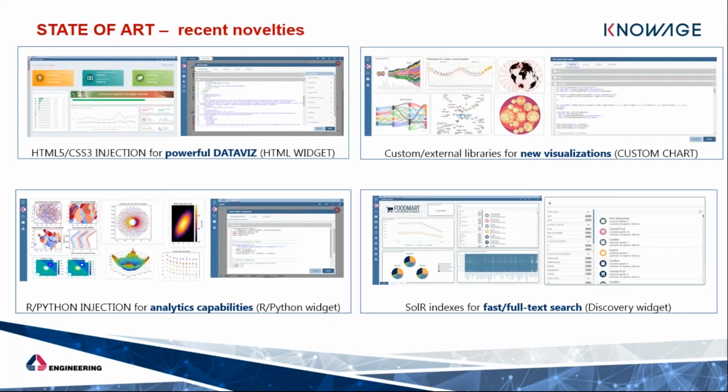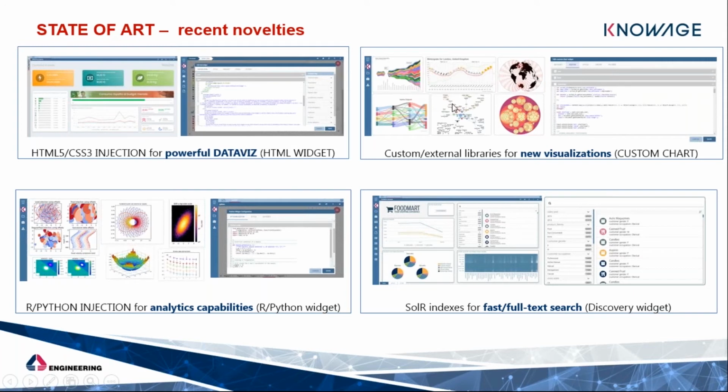In fact, today you can plug in your own private HTML and CSS3 code into the product in a particular widget, inheriting all the settings you have, inheriting rights over data, rights over documents, inheriting the whole context the cockpit is handling.